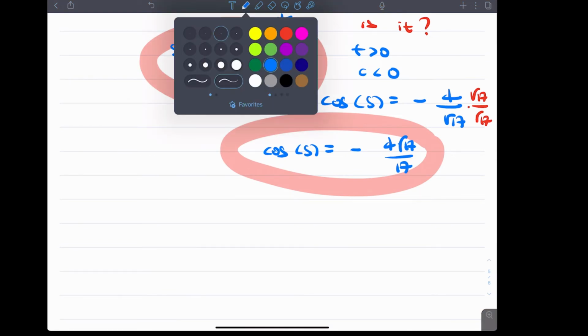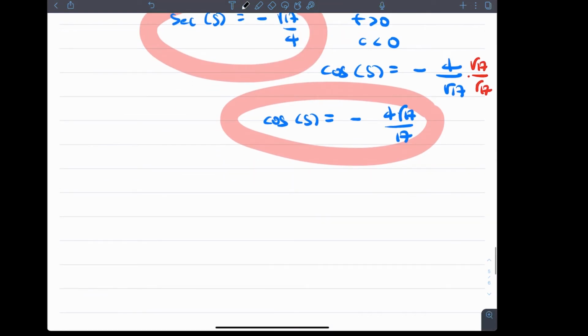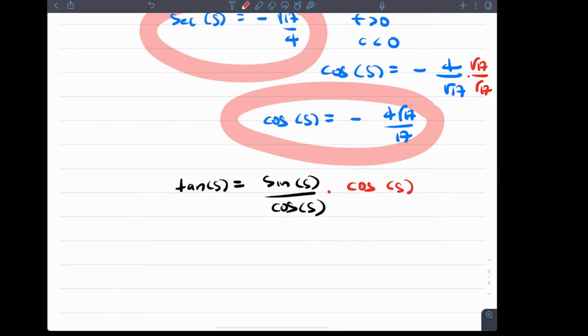Here's what I'm going to say to you guys. Tangent is sine over cosine. Is that true? Is that right? Can I use a little bit of algebra? There's no law against using algebra. That's why it's here to use. Get rid of cosine.